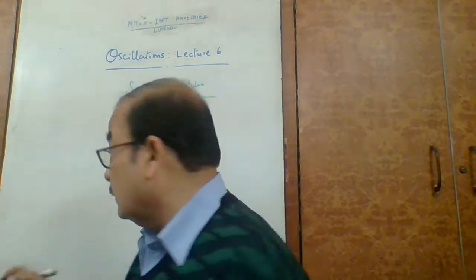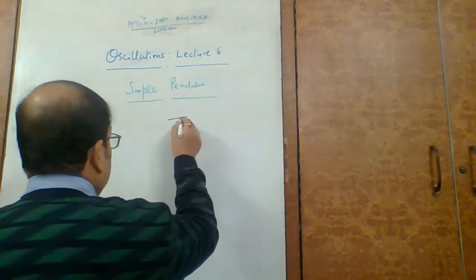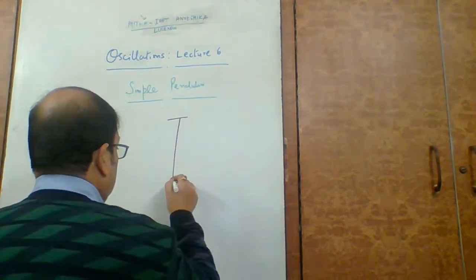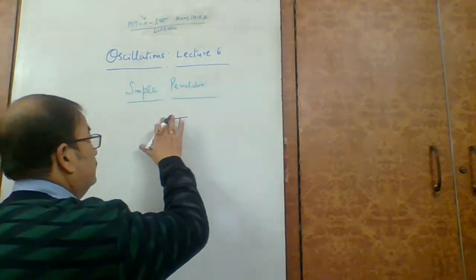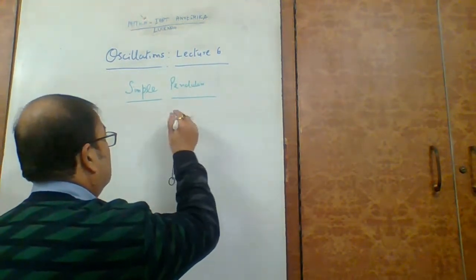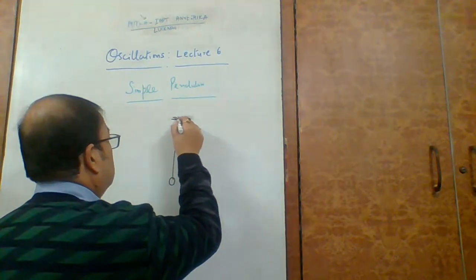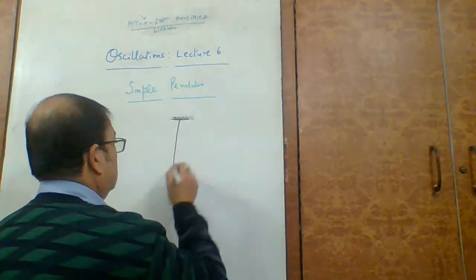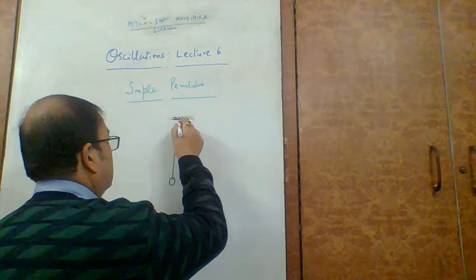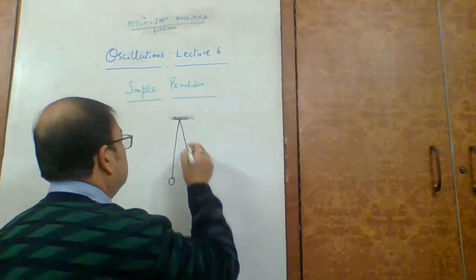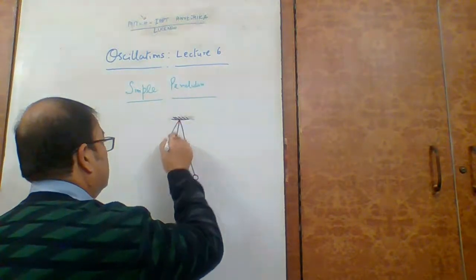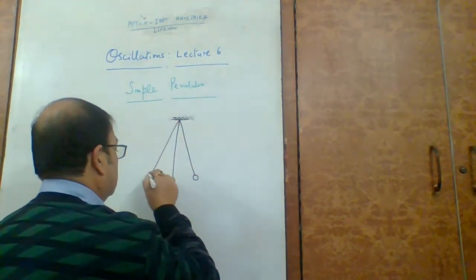What is a simple pendulum? As its name implies, this is a very common diagram of a simple pendulum. It is suspended from a rigid end and it can oscillate like this and this.